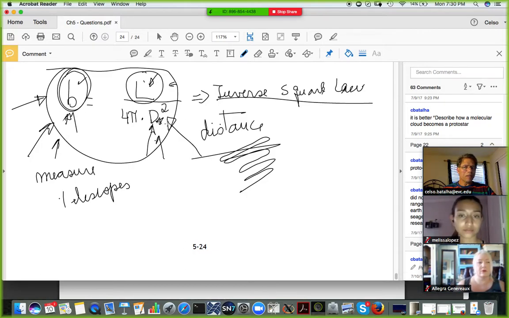You know the distance to your object. And since the late 1800s and early 1900s, astronomers started mapping the universe that way.